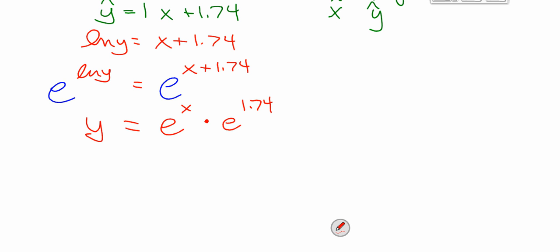Do you agree? Because the base of that logarithm is e, I'm going to use e as the base and raise each of those to that exponent, because they're still equal that way.